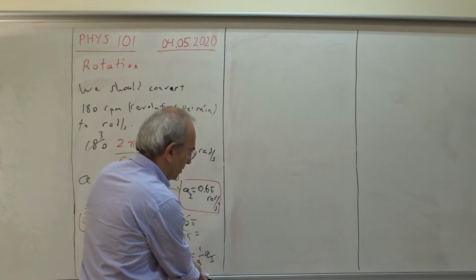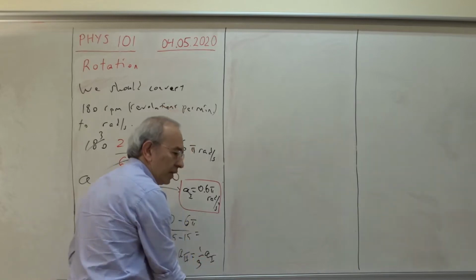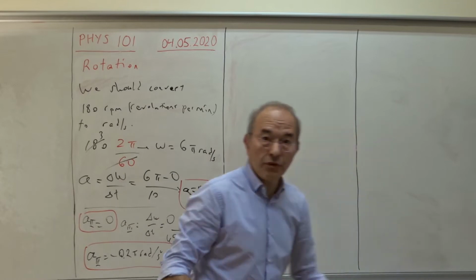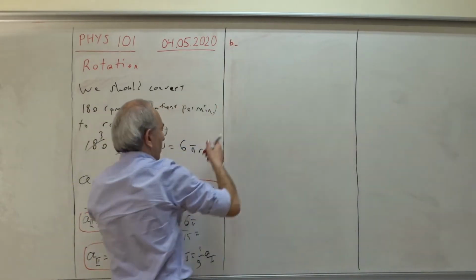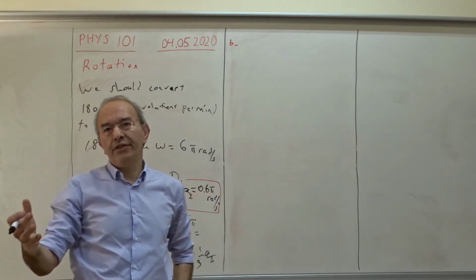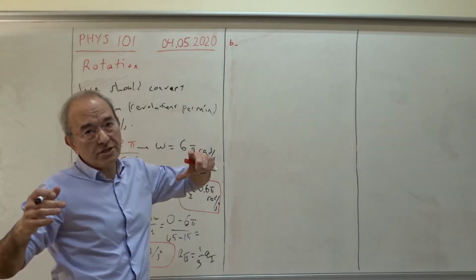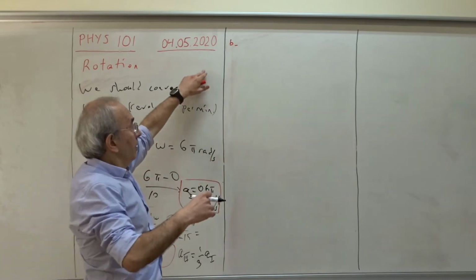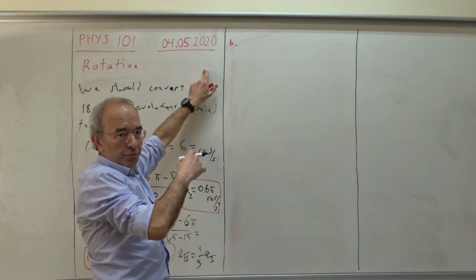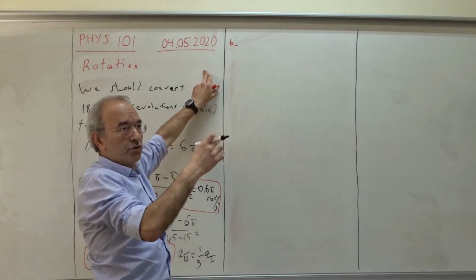For example, we can use the following equations. We are now in part B, and we want to find the angle theta. Which equations do we know for finding such kinematical parameters? Let me write them again on the board and see which one we can use.